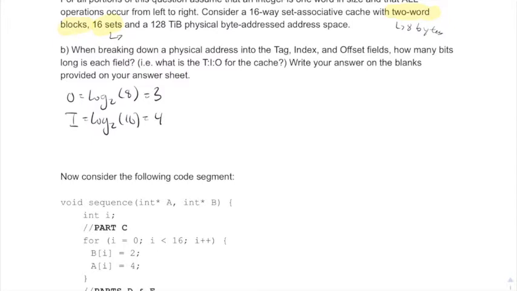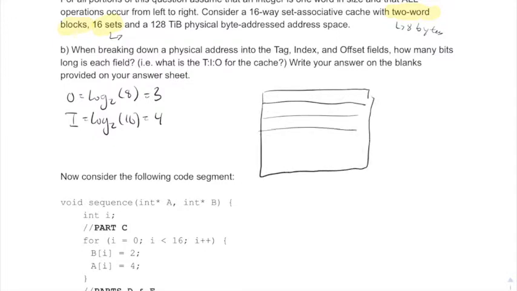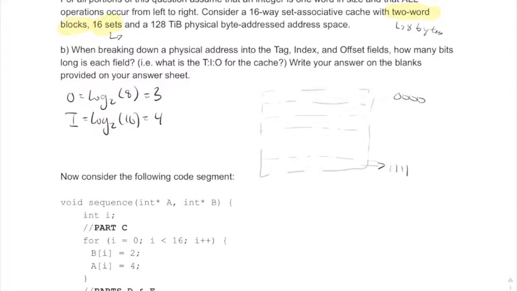And we can also think about this intuitively, where we can have a bunch of indices here. First one starts at 0, last one has a 15, and we need 4 bits to index off this. Now notice that this is a 16-way associative cache, which means that each of these sets has 16 blocks.